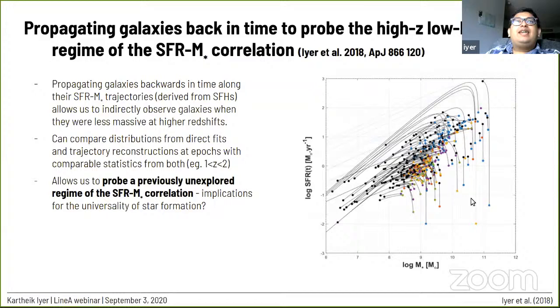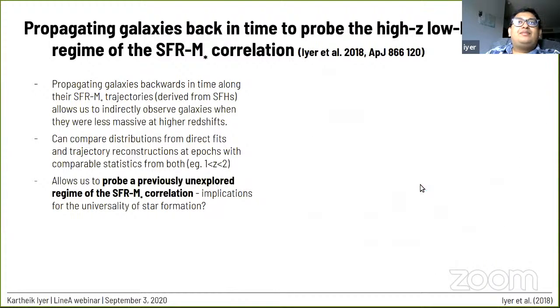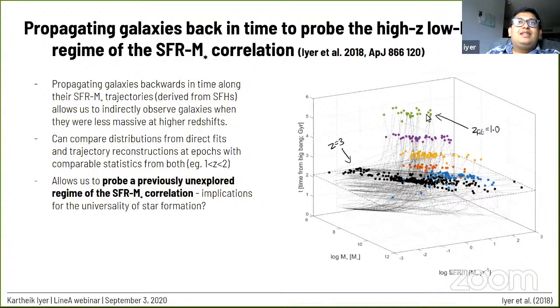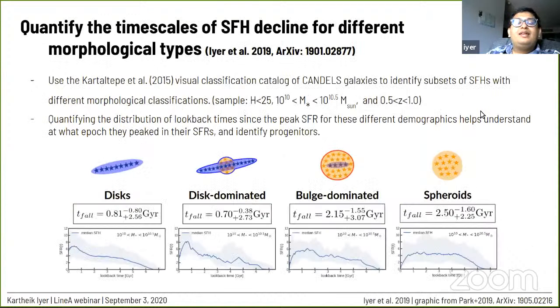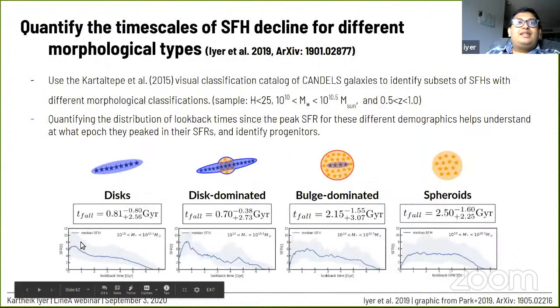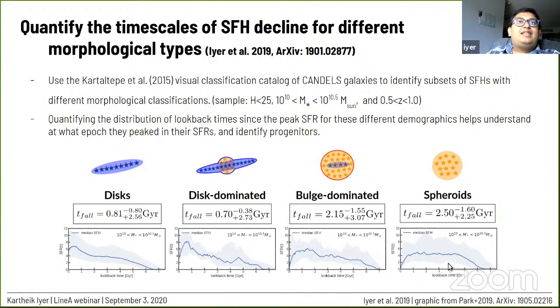We can also take galaxies not as individual points, but as tracks in stellar mass star formation rate space, and take this thing that's normally a two-dimensional diagram and extend it into 3 dimensions to see how galaxies evolve on the SFR-M-star correlation and how much time they spend on the correlation as opposed to fluctuating around it. We can also estimate the timescales on which morphological transformations happen in galaxies by looking at the star formation histories of galaxies in different morphological classifications at the same mass and redshift.